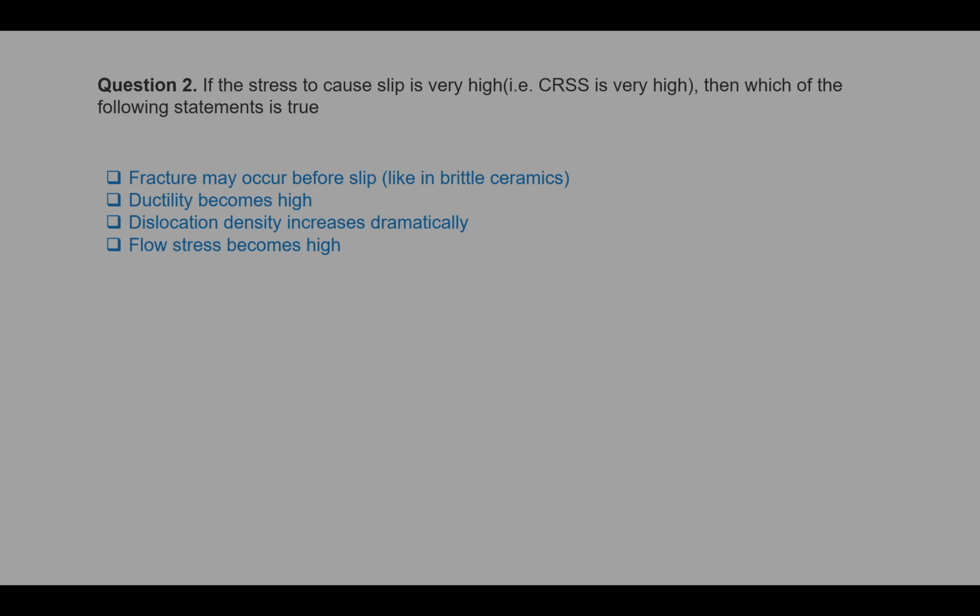For question number 2, they're asking: if the stress to cause slip is very high, such as the critical resolved shear stress being very high, which of the following statements is true? CRSS is very high.